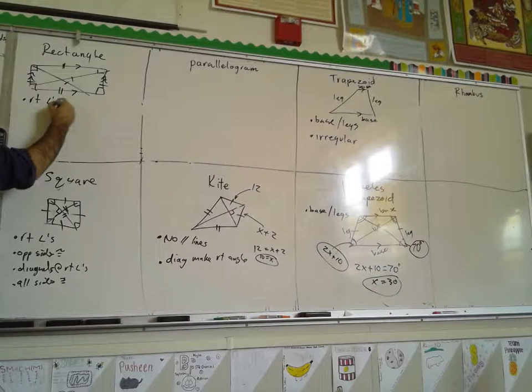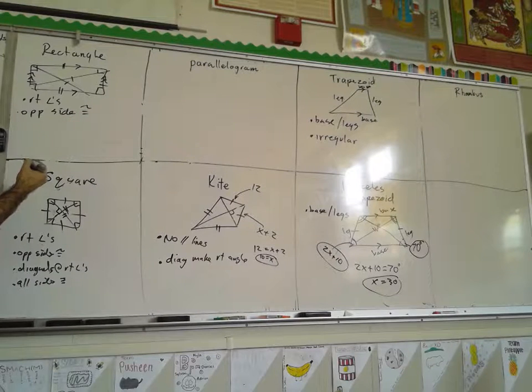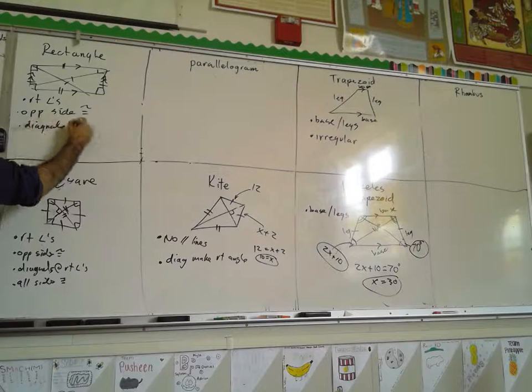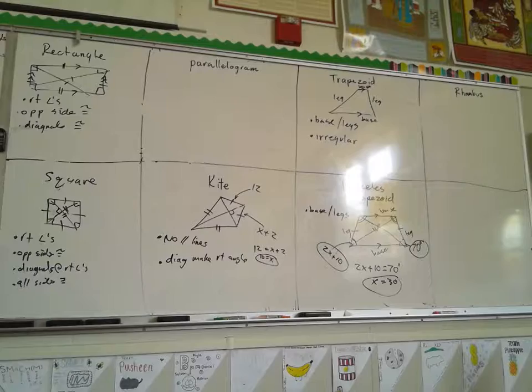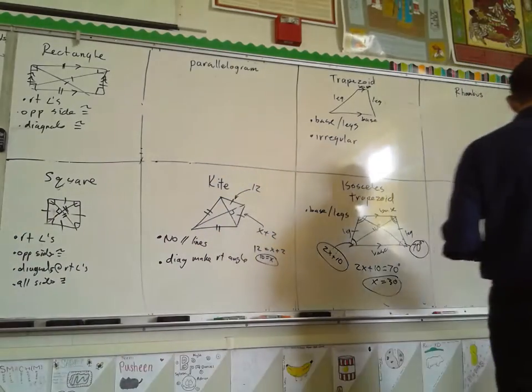We got right angles, opposite sides congruent. And we know that diagonals are congruent. All right. This one over here.